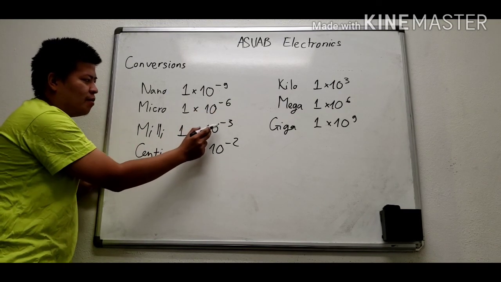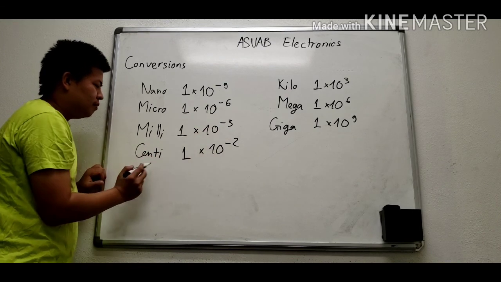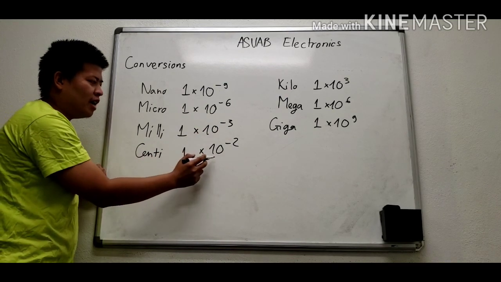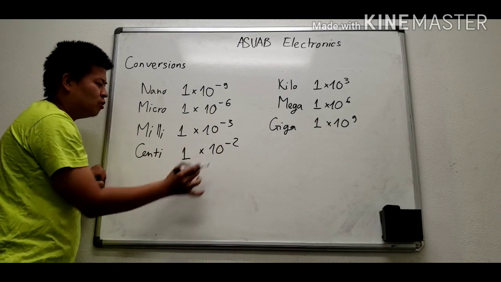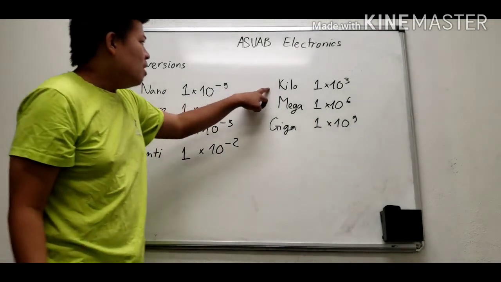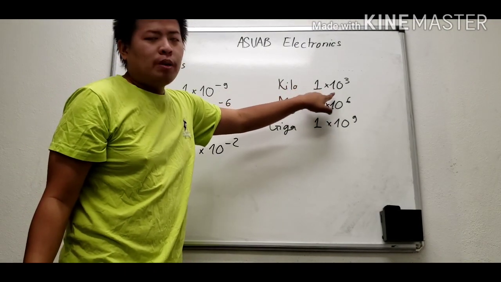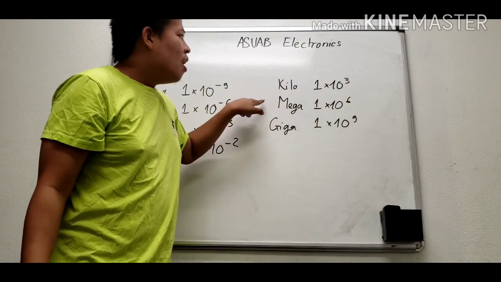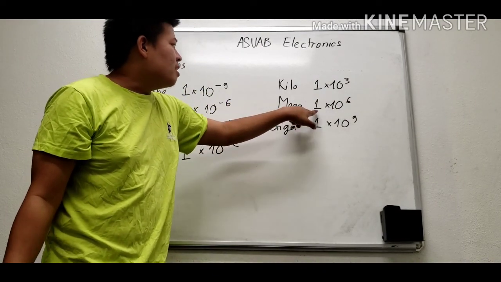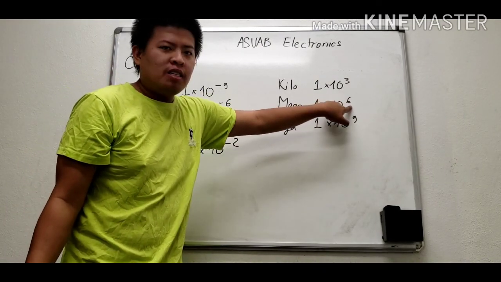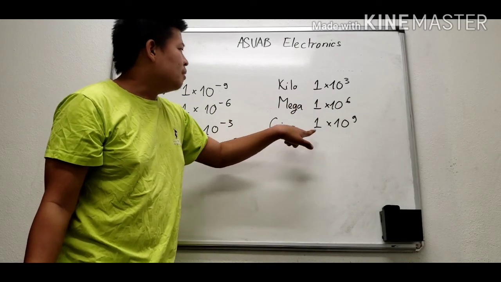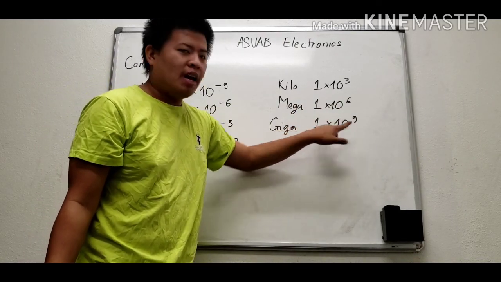Milli is 10 power minus 3. And centi is 10 power minus 2. Kilo is 1 multiplied by 10 power 3. Mega is 1 multiplied by 10 power 6. Giga is 1 multiplied by 10 power 9.